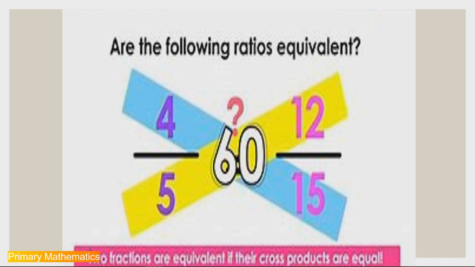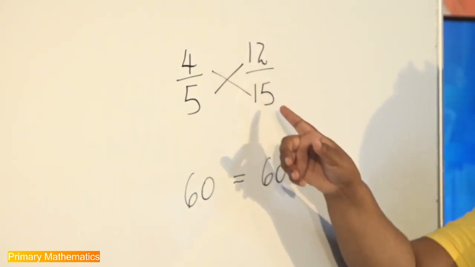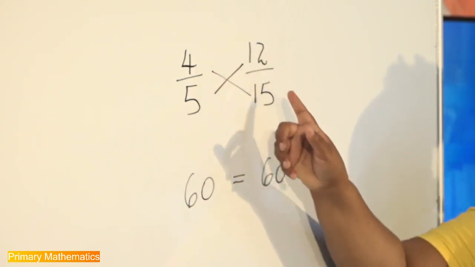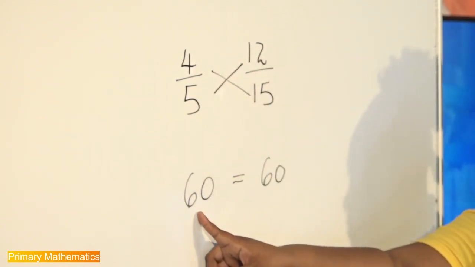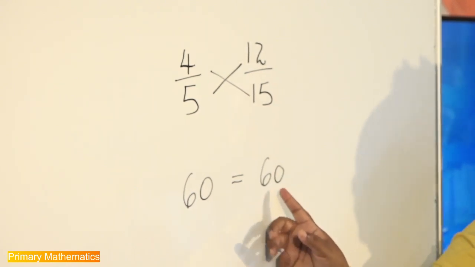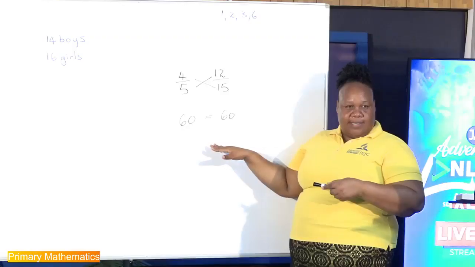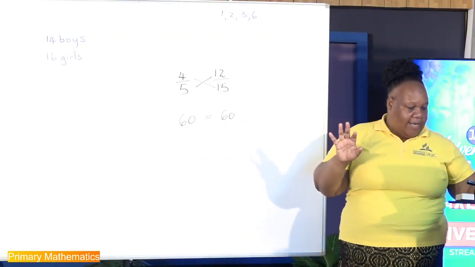Just like what I did here on the board. The cross product, 4 times 15, we get 60. 5 times 12, we get 60. The cross products are equal. Yes, they are equivalent fractions.